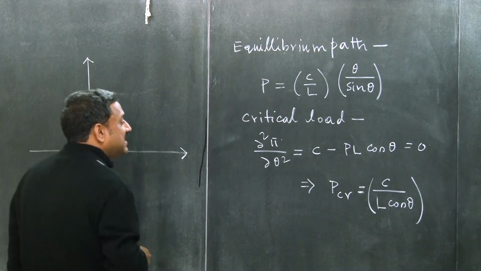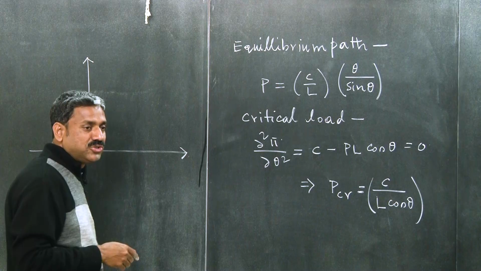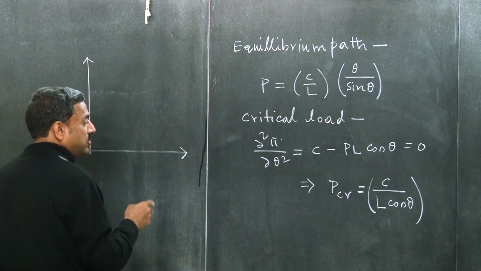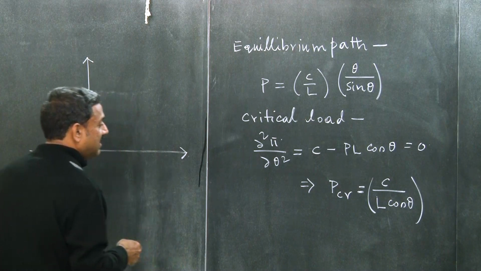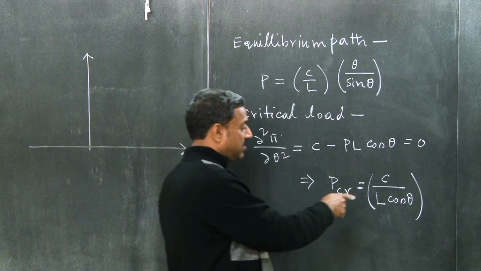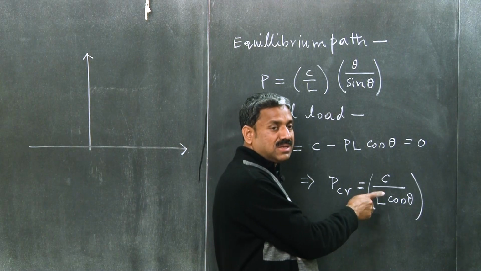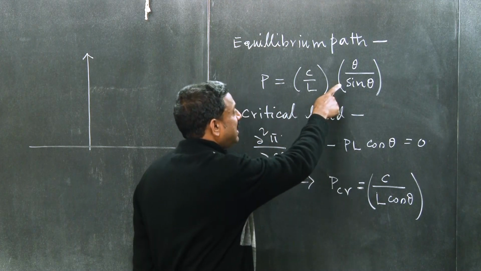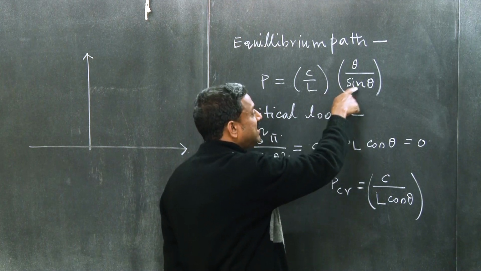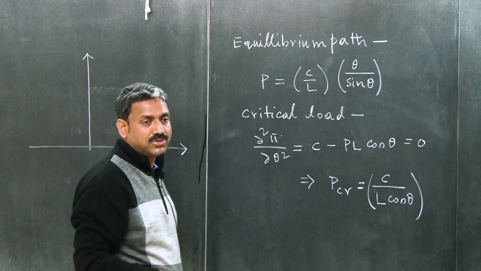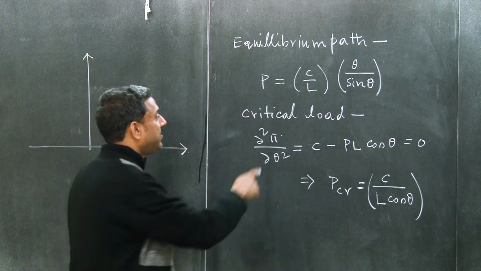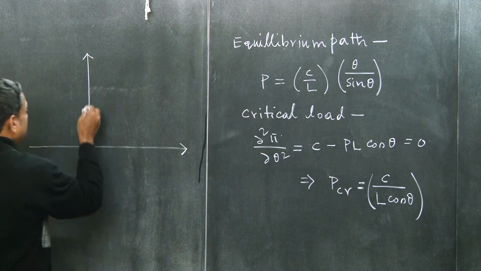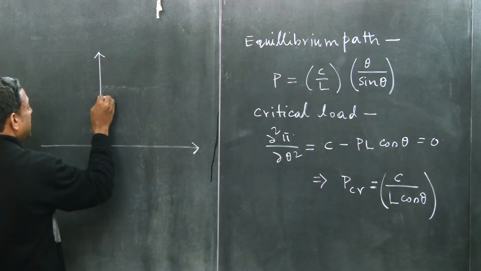So, what we can see is that at theta tending to 0, cos theta is 1, so C by L. Theta by sin theta, limit theta tends to 0, sin theta by theta is 1. So, C by L. Until C by L, it is fine.